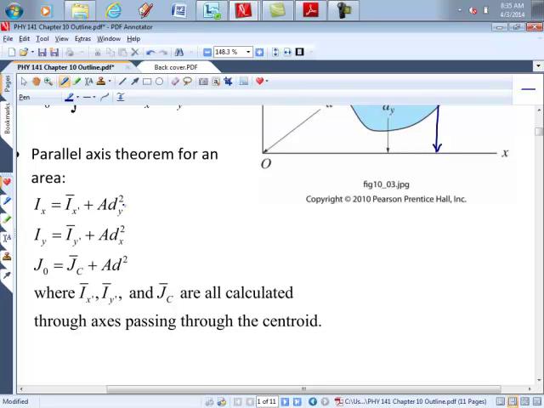So we can see that the minimum value of the moment of inertia is always going to be through the centroid. Through any other axis, it's going to be greater by the area times the distance from the centroid squared.